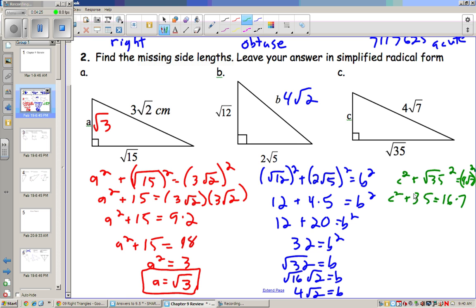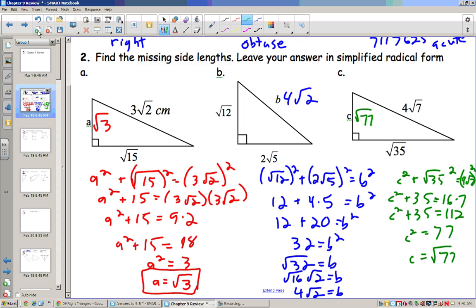So 16 times 7 is 112. So c squared plus 35 is equal to 112. So I'll subtract 35 from both sides. 112 minus 35 is 77. So I square root both sides, and c is the square root of 77. Now you can take out a 7 and 11, but neither of those are perfect squares, so we just leave it be.